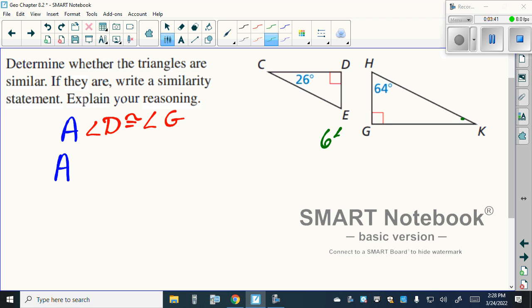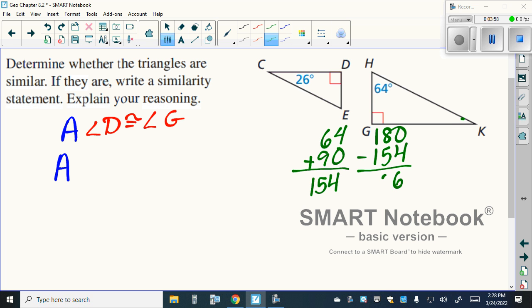So we can add 64 and 90 together and then subtract it from 180. Well, 64 plus 90 is 154. And if we subtract 154 from 180, we get that the measure of angle K is 26 degrees.